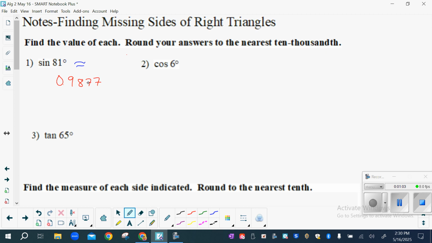If your numbers don't match, the calculator is either in degree mode or what we call radian mode.